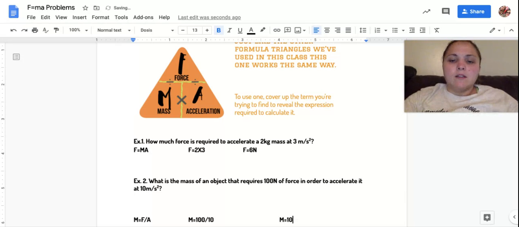That equals 10. Now let's think about what our unit would be. It's a unit of mass, so it's not going to be either of these two. It's not going to be a Newton or a meters per second squared. I can look back up here in this problem. We measure mass in kilograms, so kg would be my unit.